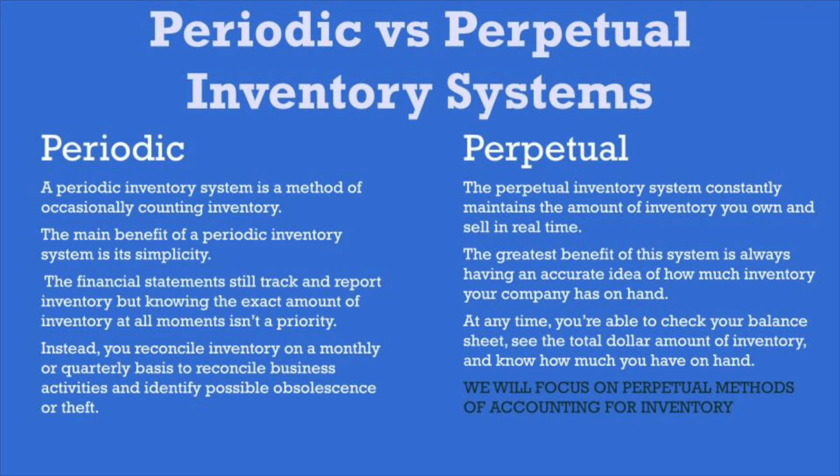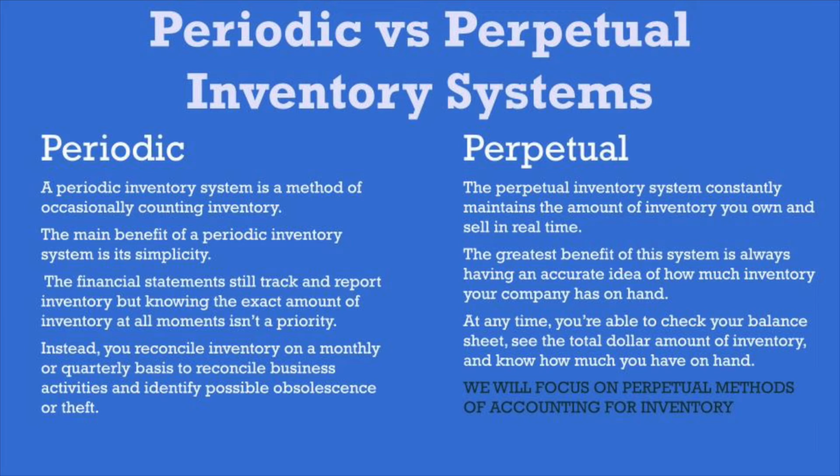So all you're really doing there is throughout the year you're selling stuff, and at the end of the year you go and count. And effectively, the periodic system is no more complicated than that. Counting stuff, and from that you can define how much inventory you have left for the purposes of your accounting and your financial statements.